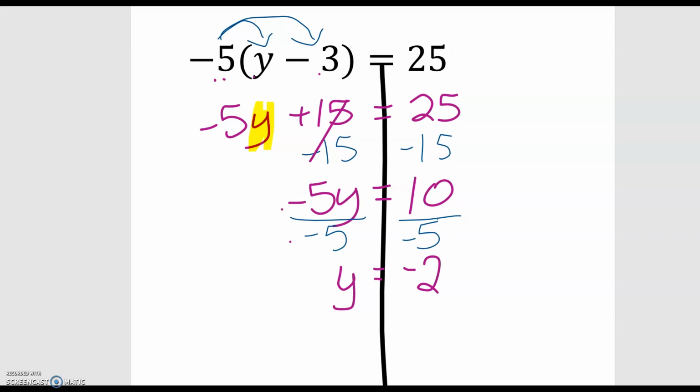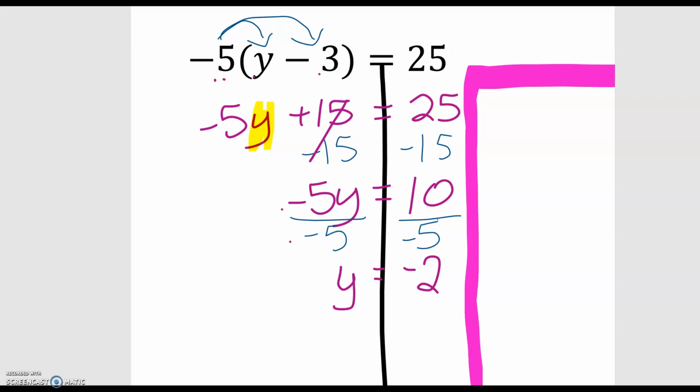And now, of course, we want to check our answer. So when we check our answer, we're going to take what we came up with for our y value, and we're going to plug it into the original equation.